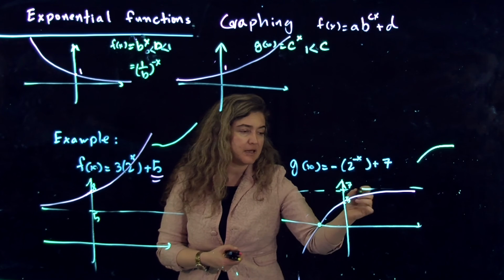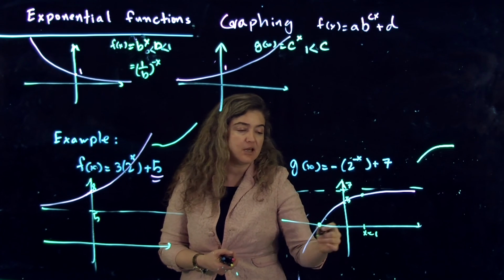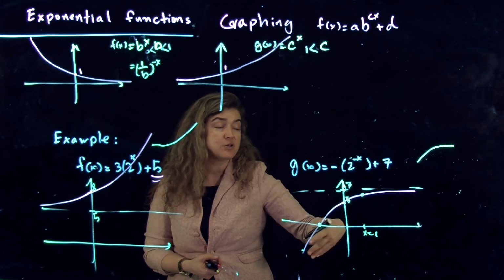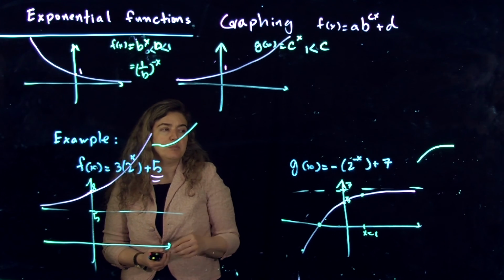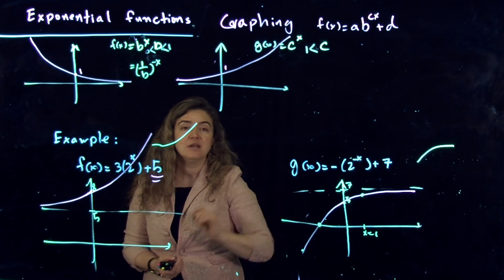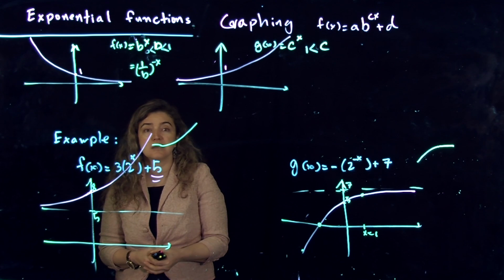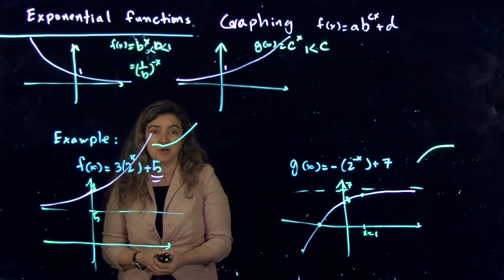For example, you can figure out what value is here at x equals 1, and add a few points here, and then graph it beautifully. But to find this point, you have to wait until a little later when we discuss exponential equations, and then we come back and finish this one off.